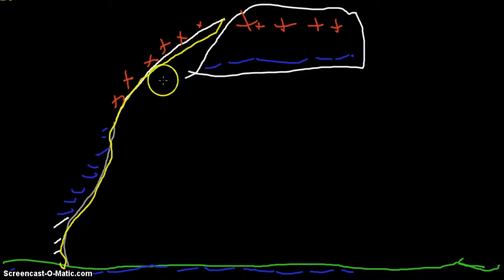But this is really rare. This doesn't happen very often, where it's the exact opposite of the negative lightning. It does not happen nearly as often as the negative lightning.